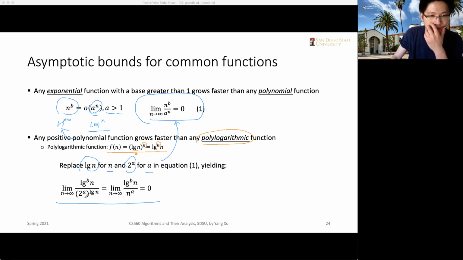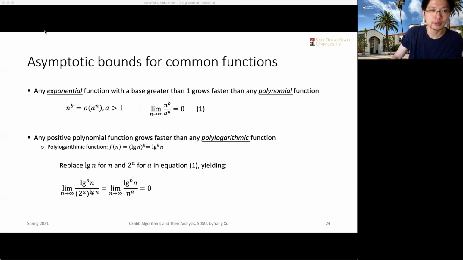The denominator becomes a polynomial function, n to the power of a, and the numerator is a logarithmic term. So it basically says that the numerator will become insignificant as n increases. I think these are the two most important properties for common functions.